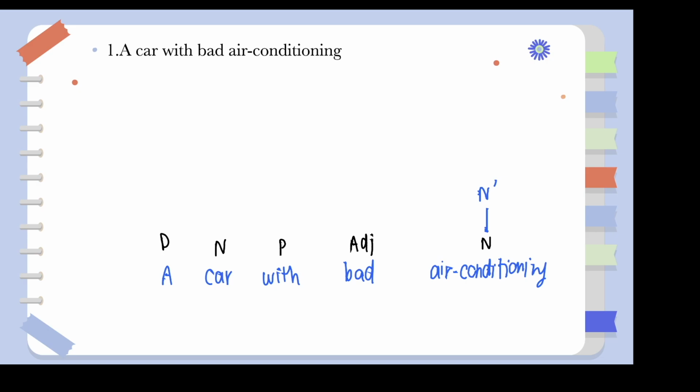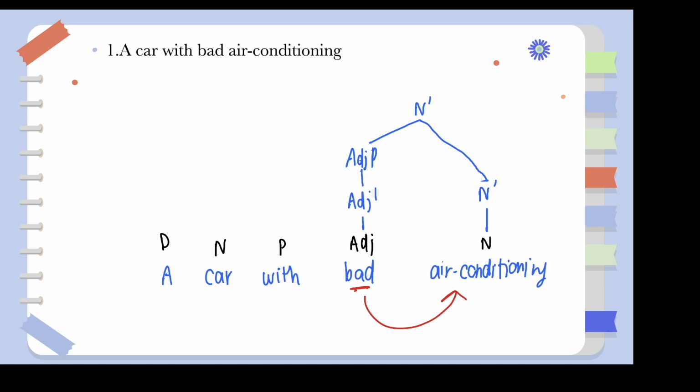And yeah, we cannot have just that because we have bad that modifies air conditioning. So definitely we can start from the adjective into ADJ bar, to be on the same level with N bar here. Okay, and then ADJ bar, and that's it. We don't have anything to modify our adjective phrase here, so I'm going to stop at ADJP here to match it with N bar here.